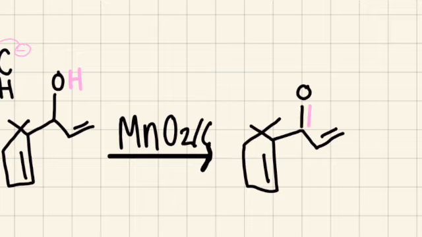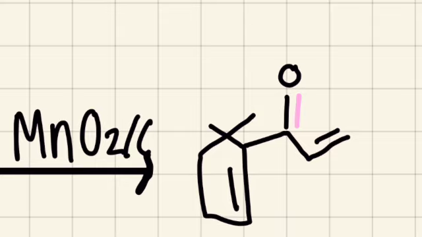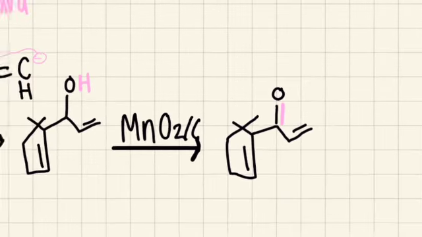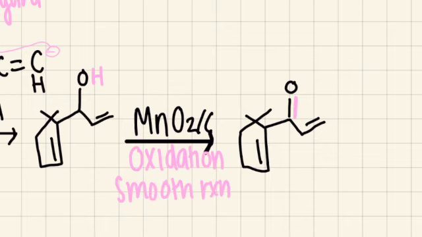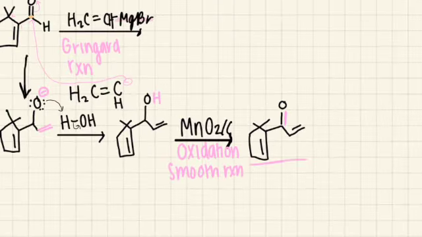Now we have a ketone carbonyl group. So this pi bond right here is formed again. And this step is oxidation. So it's an oxidation reaction. Now, what they noticed in doing so was that they didn't have any problems with this, that it was a smooth reaction. It just easily produced this product.